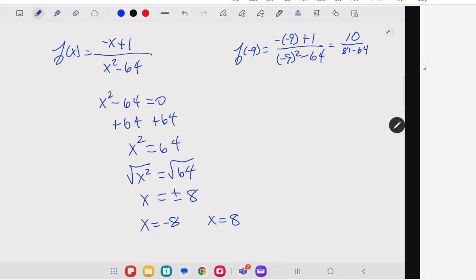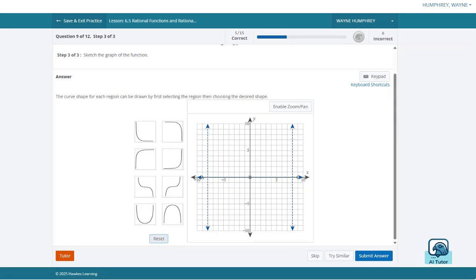And we're going to get a positive answer. We really don't care what the answer is, but let's go ahead and work that out. Okay, 8/17. So that's above the x-axis. So that tells me that the graph is going to go up here.